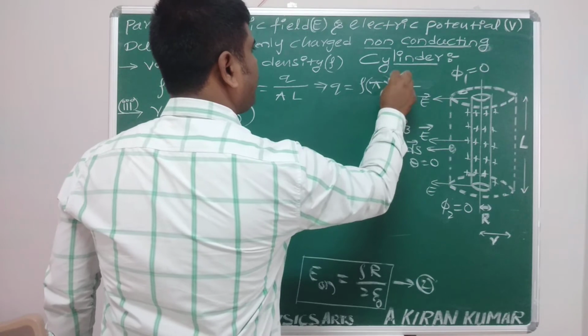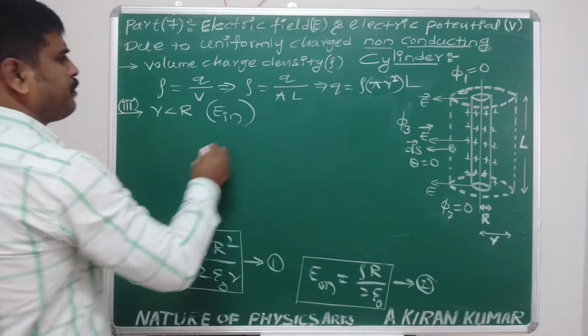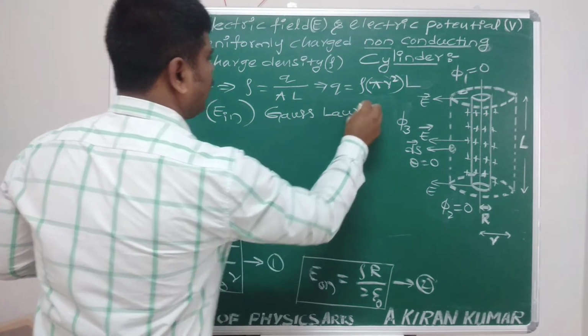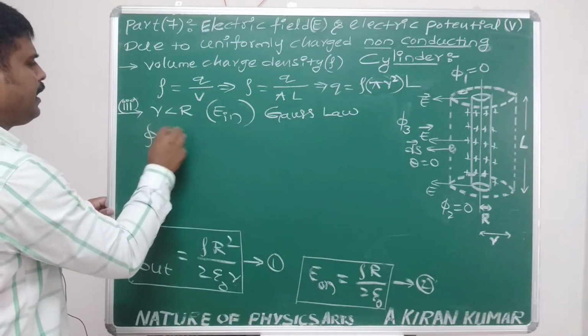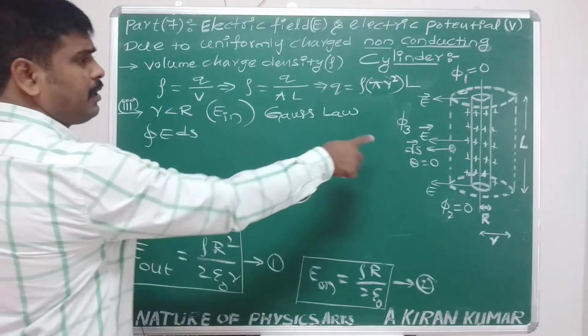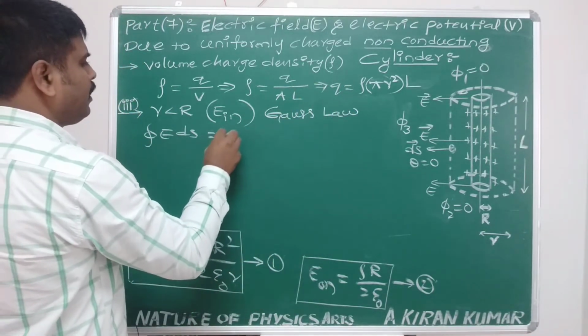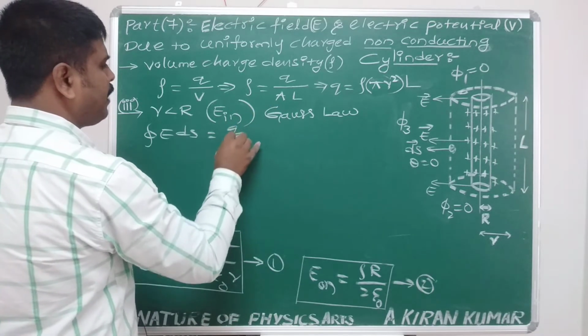By small r square I'm using Gauss law: closed integral E ds, with theta 0 and cos 0 equal to 1, is equal to q divided by epsilon naught.